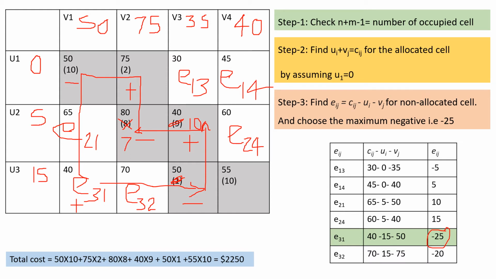And here there is addition, so we add 1 to 2, so it becomes 3. And the next is here, there is a minus sign, so we subtract 1, so it becomes 9. And here there is a plus sign, so we have to add 1 here.